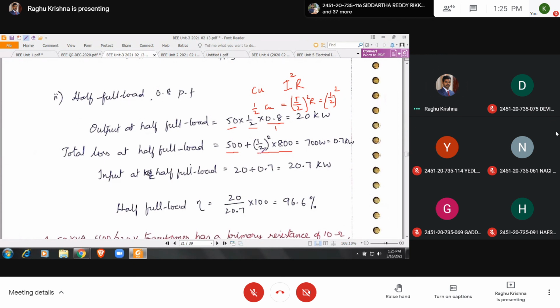This is how to calculate half full load copper losses. Is it clear? So you are going to get the total losses.